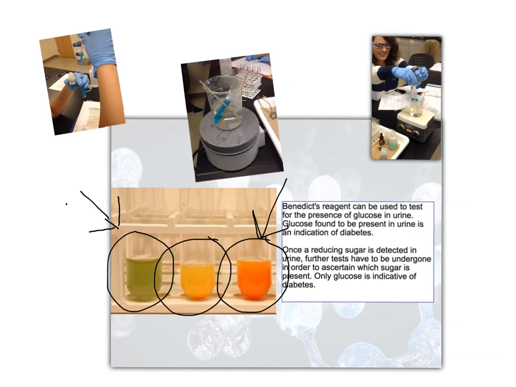Nowadays, we don't have to take a urine sample and boil it. Doctors would normally just take a urine sample, and they have these test strips which will react to any glucose found in the urine and would also turn it shades of green up to orange if positive.